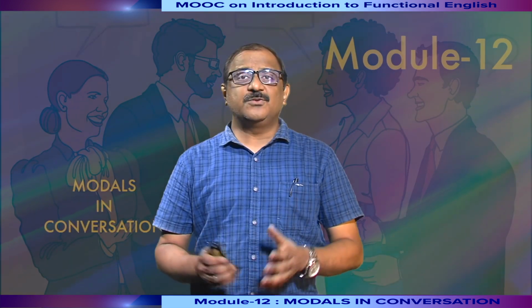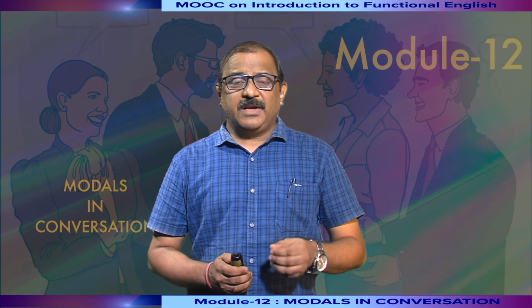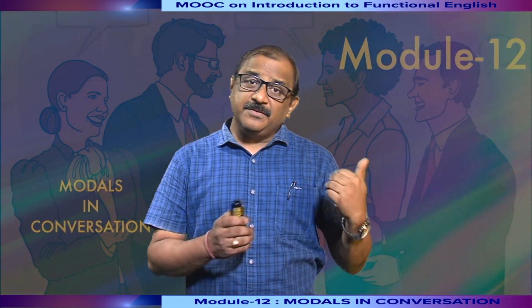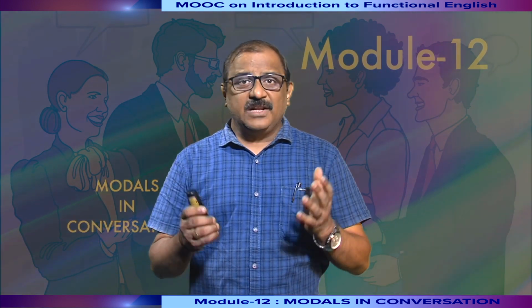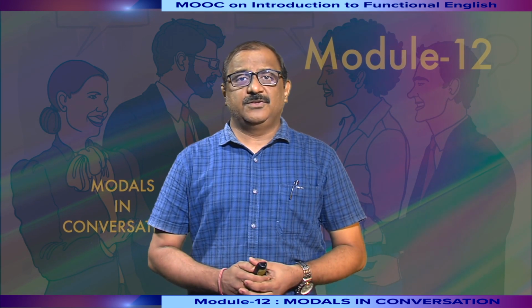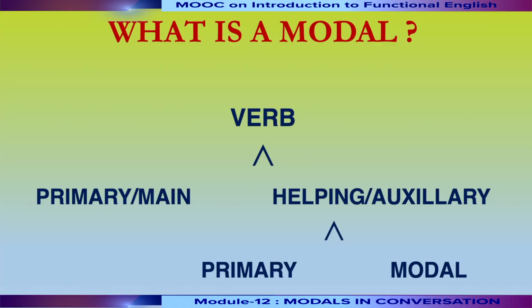Just to brush up your memory and connect with your earlier learning, I will briefly tell you what a modal is. A modal or modal auxiliary is basically a verb. Verb, as we have already outlined, is one of the most important categories of words in English.